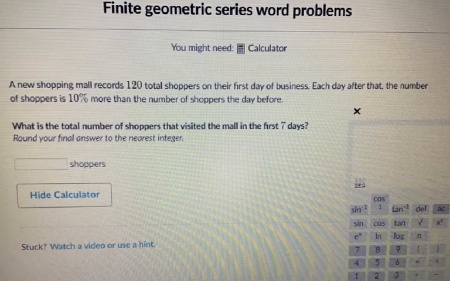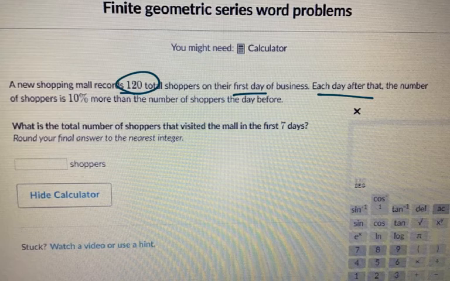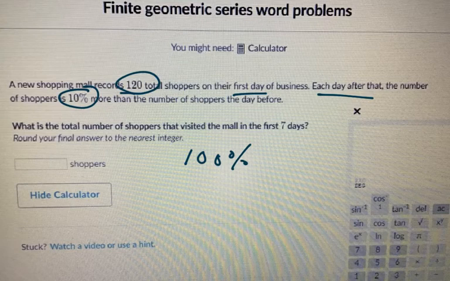So guys, we're told at this shopping mall, 120 people showed up the first day. And each day it becomes more popular, right? More people are showing up. It's growing by 10% each day. Now, the first thing to understand, guys, if I have 100%, that's everybody.